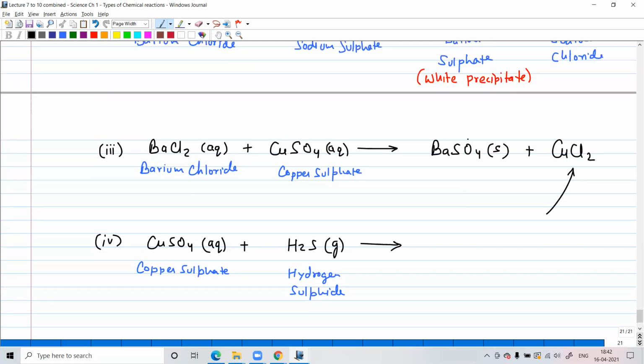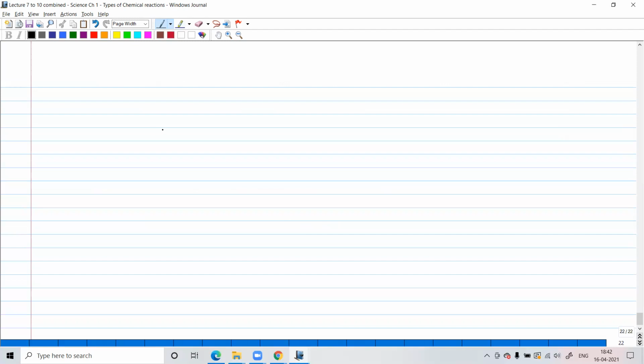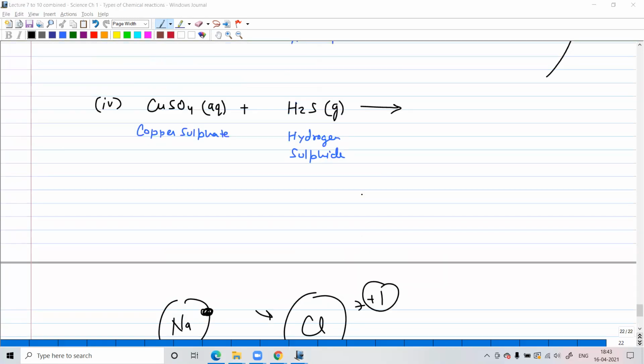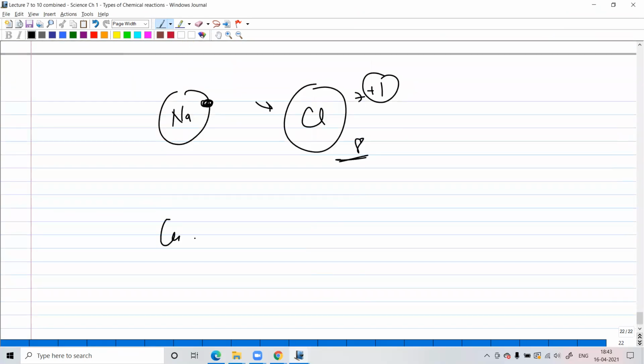So what I was saying is, just now I gave you an example of sodium reacting with chlorine. Actually, sodium and chlorine is not called a reaction, that is bonding. An ionic bond was formed. Sodium had 1 electron in the outermost shell, and chlorine needed 1 electron. It was already 7, and it needed 1 more to become 8 and make the octet. But with copper, when it comes in contact with chlorine, copper has 2 electrons in the outermost shell and wants to lose both of them.